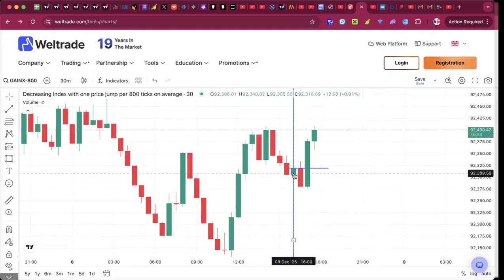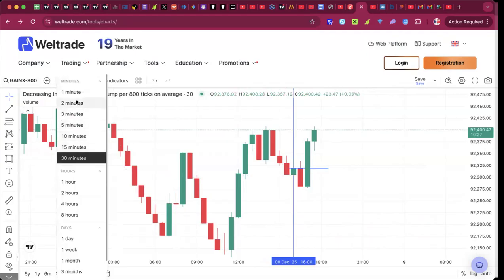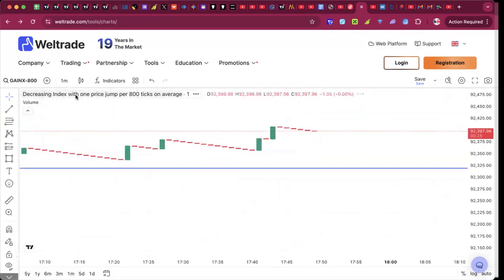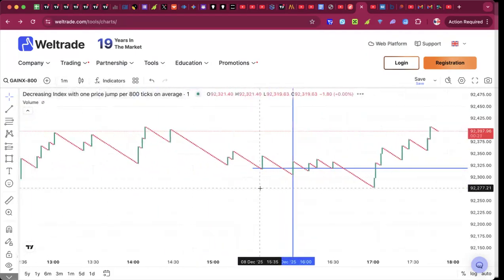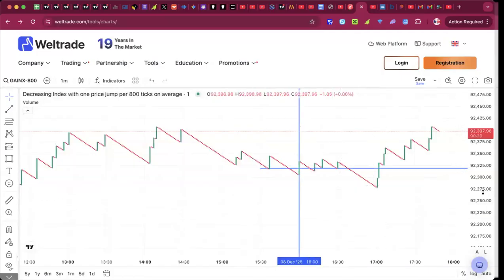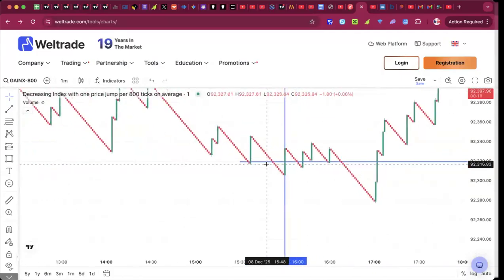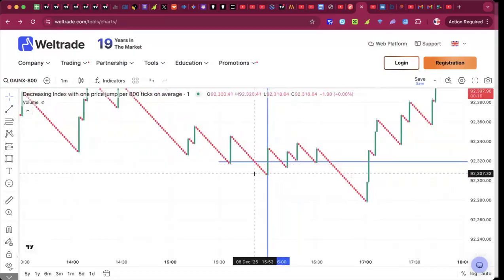When it's bullish, as you mark the close, then you travel down to 1 minute. When you travel down to 1 minute, look at what happened. This is what you want to do. What you want to do is simple. You get it now?